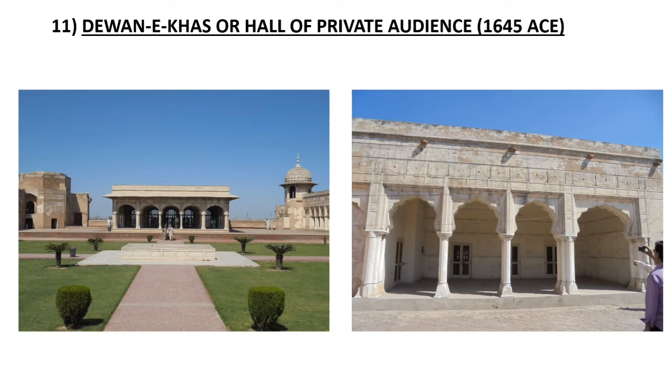At the rear side, perforated screens constructed from white marble are provided, and on the inside is the garden, made in the charbagh pattern, with a platform of white marble. This is termed as mahtabi.